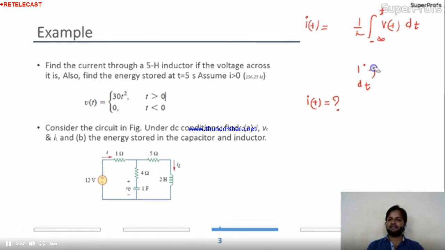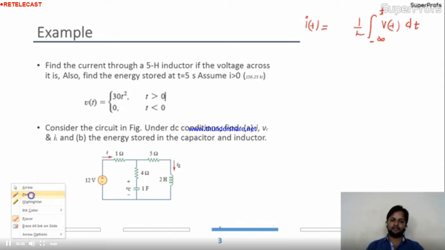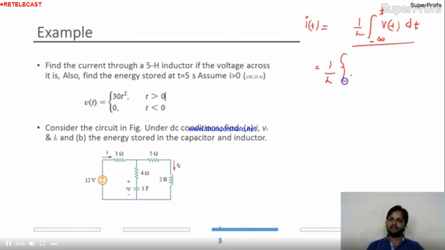Now I can divide this limit into two parts: minus infinity to 0 of v(t) dt plus 0 to t of v(t) dt.